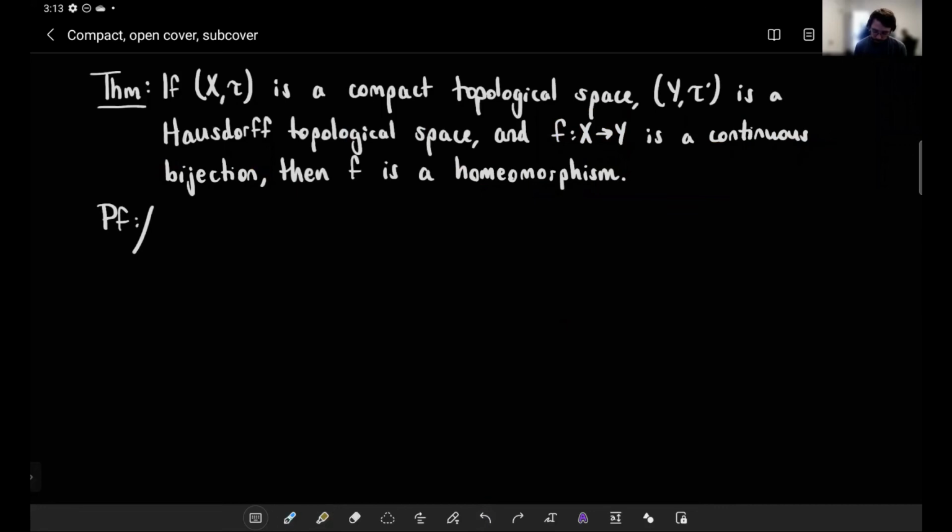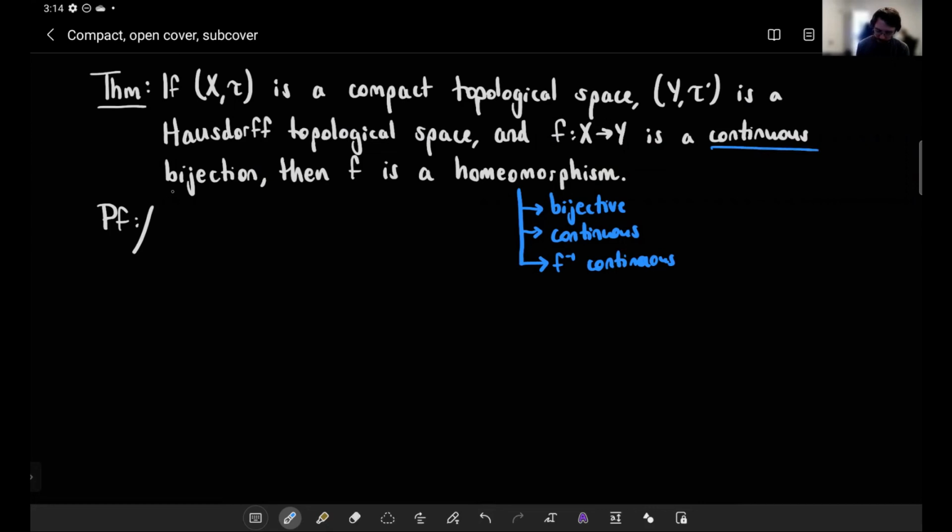Okay, kind of a mouthful. Let's remind ourselves, homeomorphism means 3 things. 1, it means bijective. 2, it means continuous. And 3, it means its inverse is also continuous. We're actually given 2 of these, right?